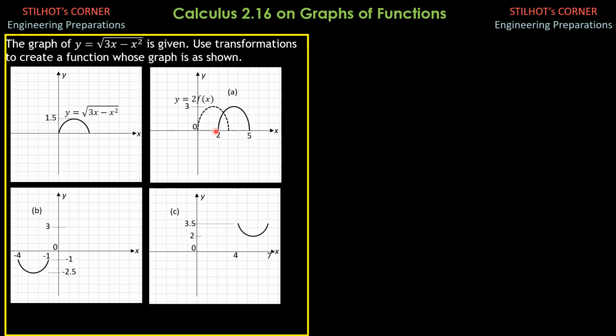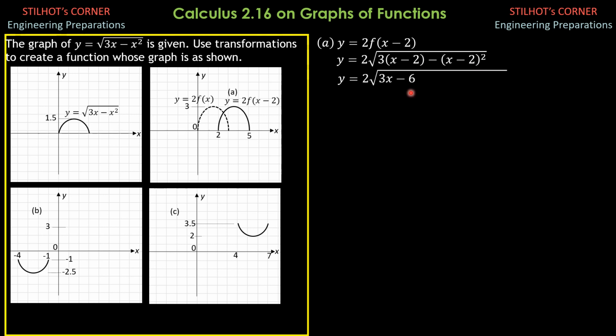Shifting the graph 2 units to the right, we replace x by x minus 2. So from its original equation, all you have to do is replace x by x minus 2 and multiply by 2. So 2 of f of quantity x minus 2 is 2 times square root of 3 quantity x minus 2 minus quantity x minus 2 squared. Then we simplify that. y equals 2 square root of 3x minus 6 minus quantity x squared minus 4x plus 4.